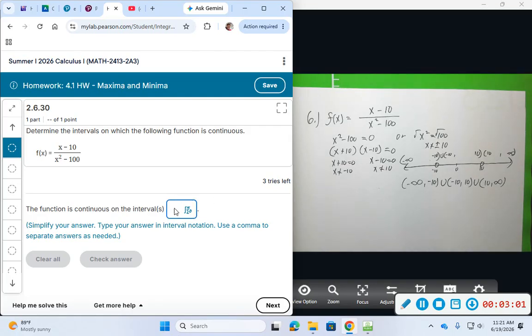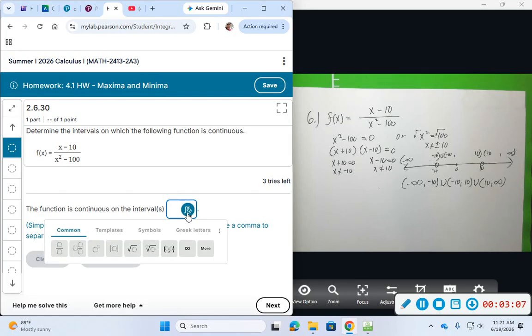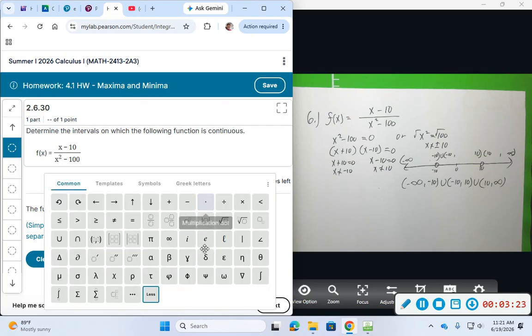So we're going to come here. Let's see, maybe they want us to use this symbolic. I'm going to say negative infinity to negative 10. Do we have our union symbol?